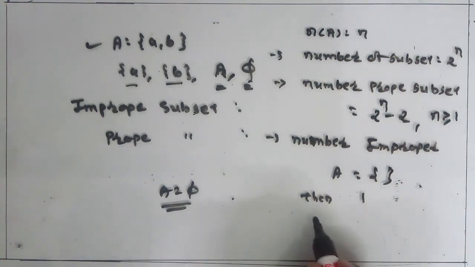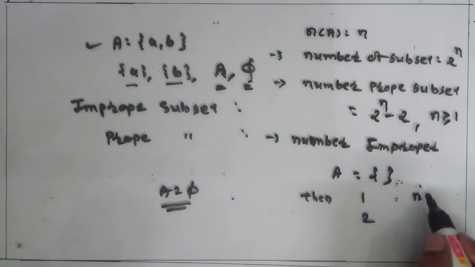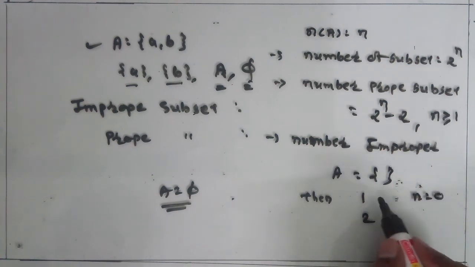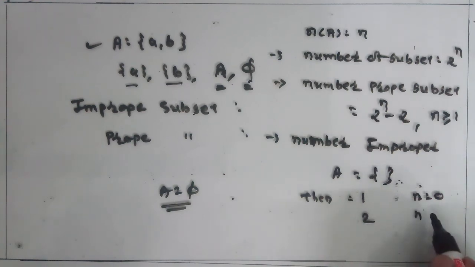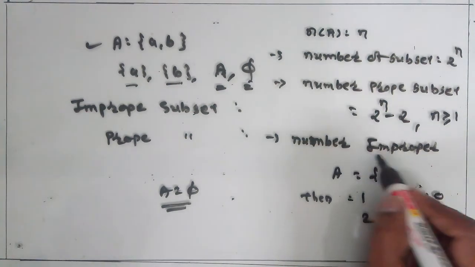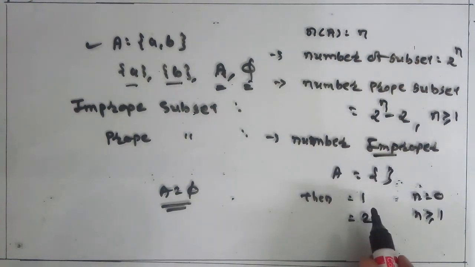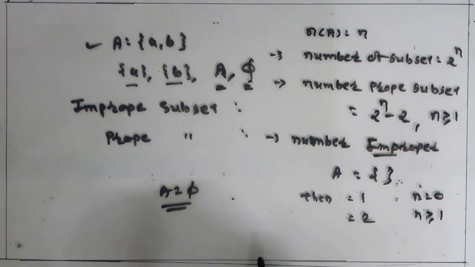Otherwise 2 improper subsets. Clear this? So n = 0, then the number of improper subsets is equal to 1, and n ≥ 1, then the number of improper subsets is equal to 2.